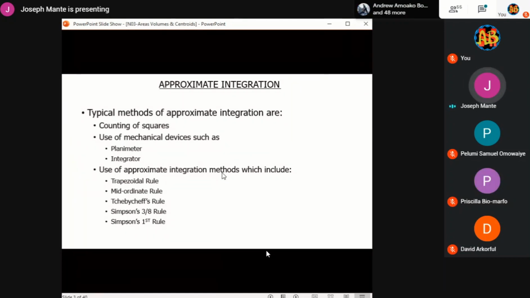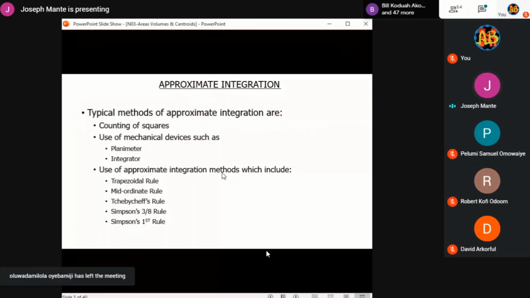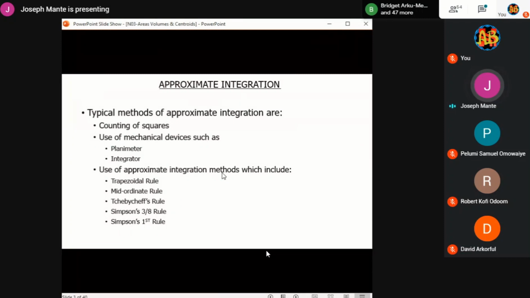These are formulas you can use. We have the mechanical devices you can use to measure, so if you have them, you can use them. If you don't have them, you can use the mathematical or approximate integration methods to calculate the areas, the centroid, and volume.